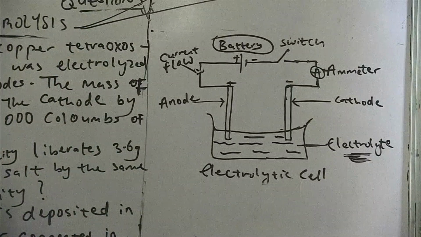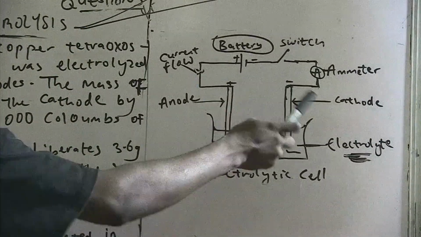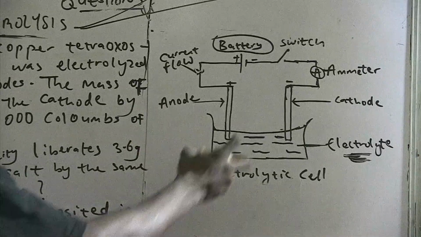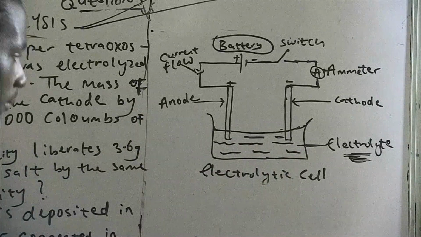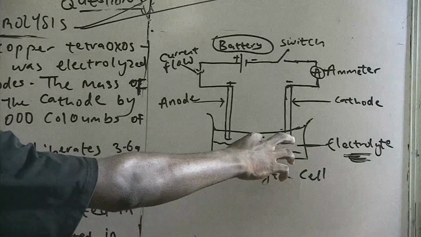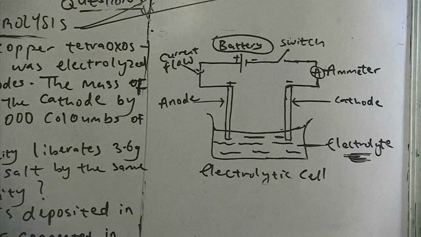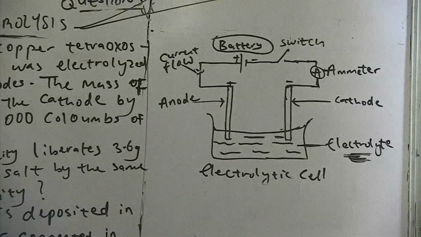Know that these two are the electrodes that are dipped into the electrolyte, and all of this forms the electrolytic cell.